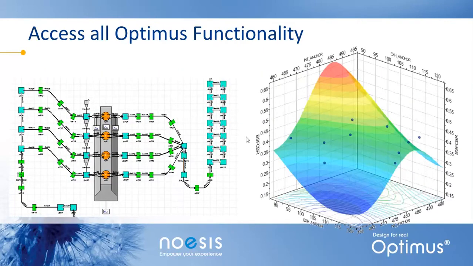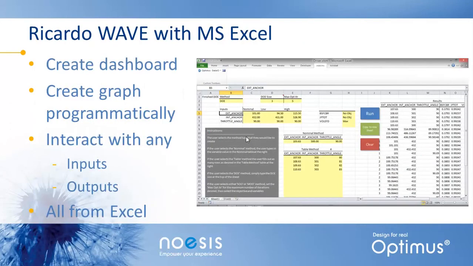In this case, that was Microsoft Excel, where we have created a dashboard where the user can set up the complete optimization project. He can do all kinds of design space exploration and optimization, set up the workflow, choose the inputs and choose the outputs, all from within an Excel graphical user interface.